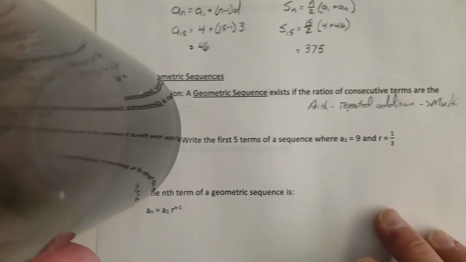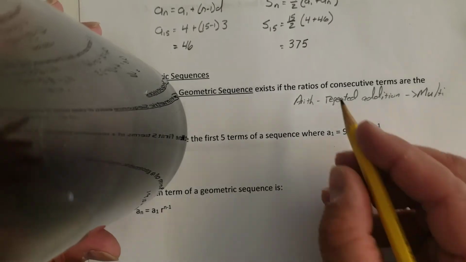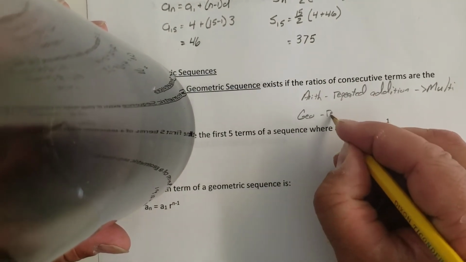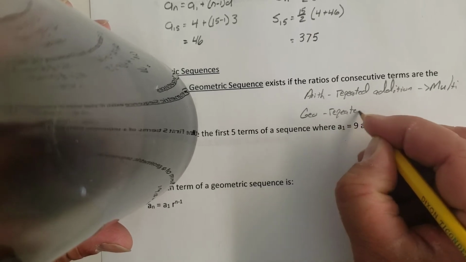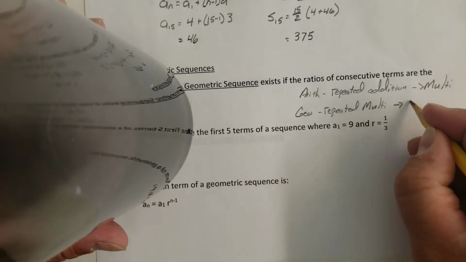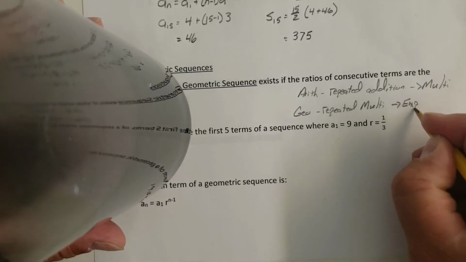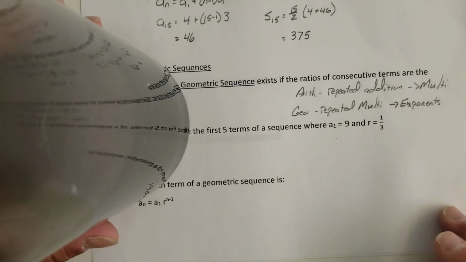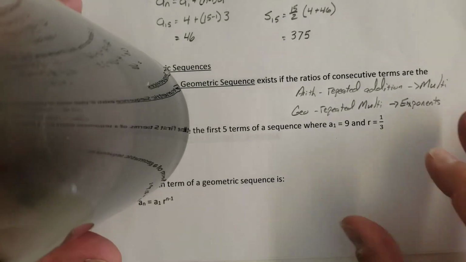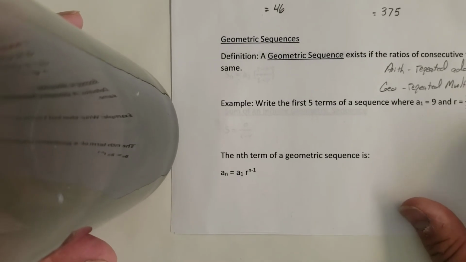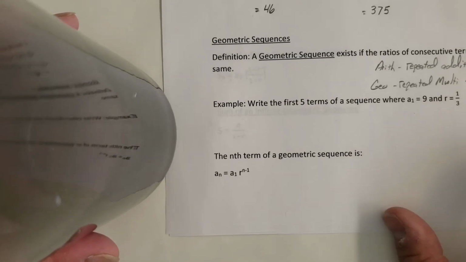For geometric, you're doing repeated multiplication, and that is exponents. That is a power, when you multiply the same thing over and over and over. I'll show you a few examples here.